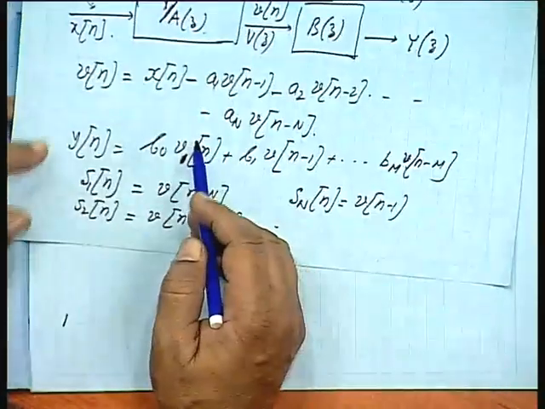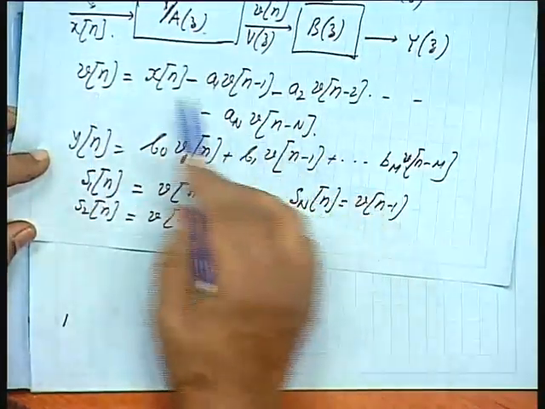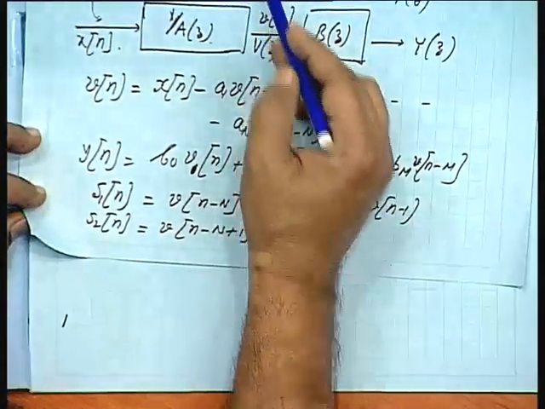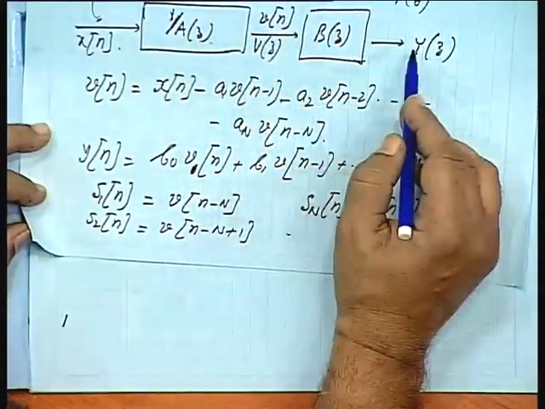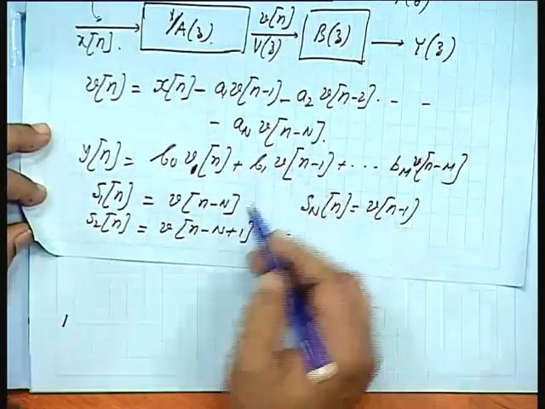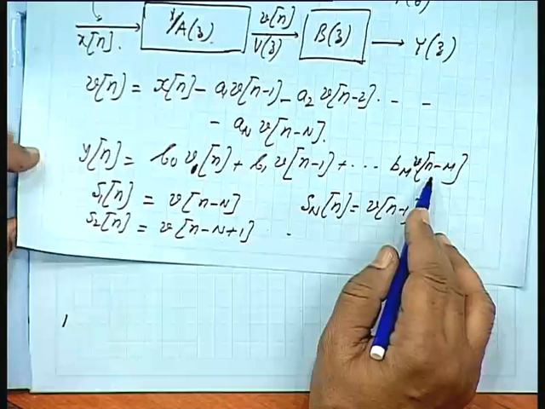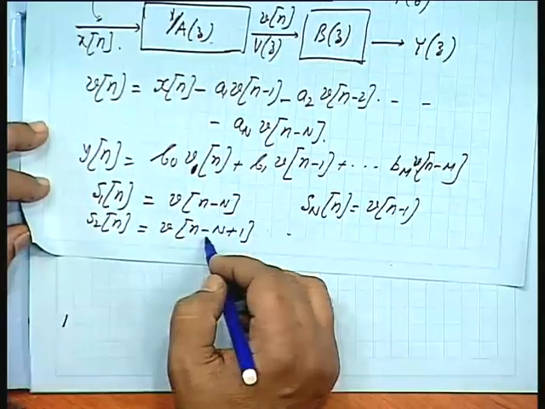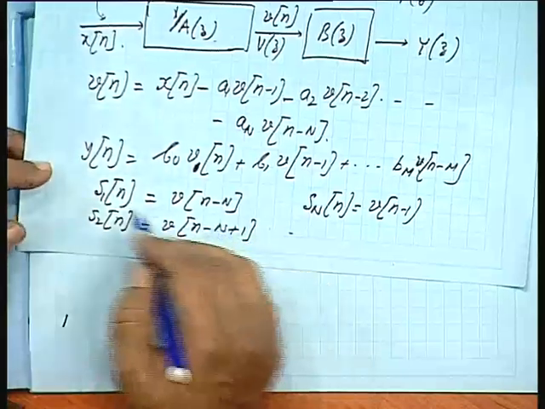We also wrote the discrete domain equations for these intermediate variables either in this form or in this form, and the output yn we wrote in terms of this intermediate variable Vn in this form. We selected some time domain functions like this. So, we will continue from here.